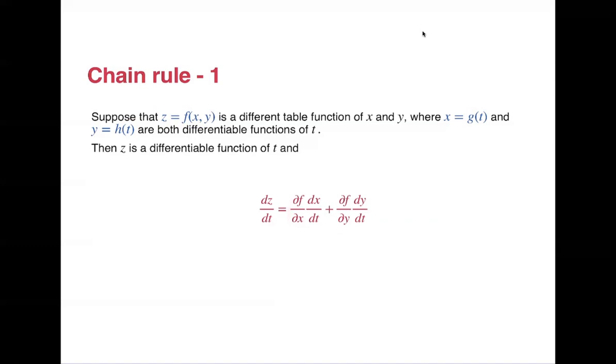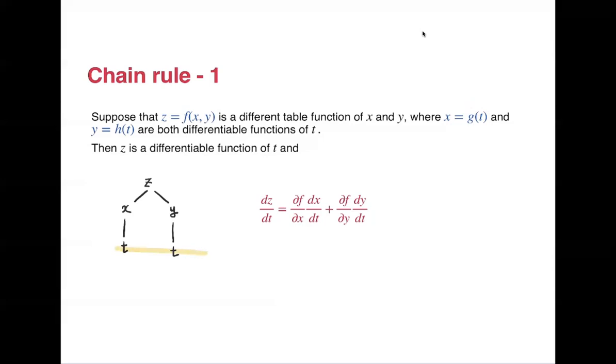Let's think about it. Our z is a function of x and y. And x is a function of a variable t, and y is also a function of the variable t, right? So in the end, there is only the variable t.